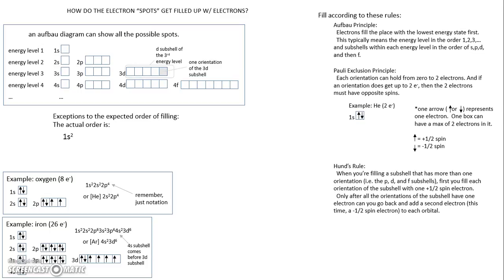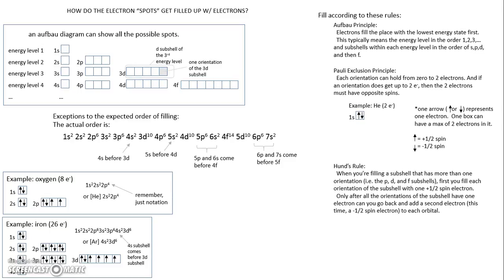Here is the actual order: 1s, 2s, 2p, 3s subshell, 3p, 4s, and the 4s comes before the 3d, and then 4p, 5s, and then the 5s comes before the 4d, and then you get your 4d, 5p, 6s, and then your 5p and 6s, they come before the 4f, and then 5d, 6p, 7s, and your 6p and 7s will come before your 5f, and then you have your 6d and 7p, and that's pretty much all you need for the known elements.